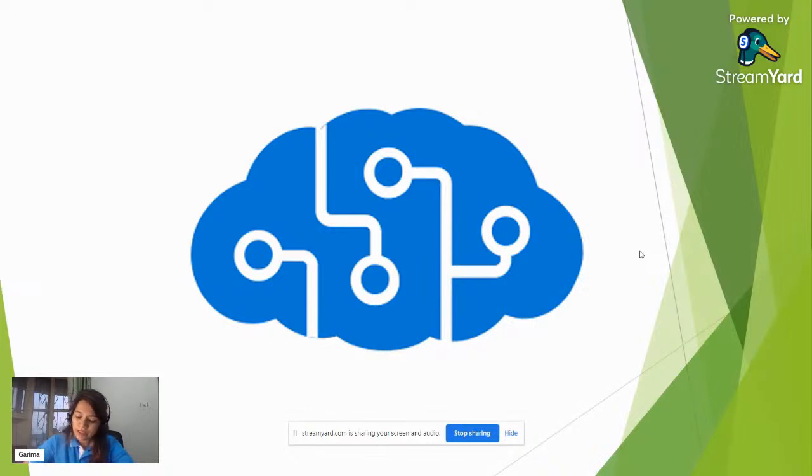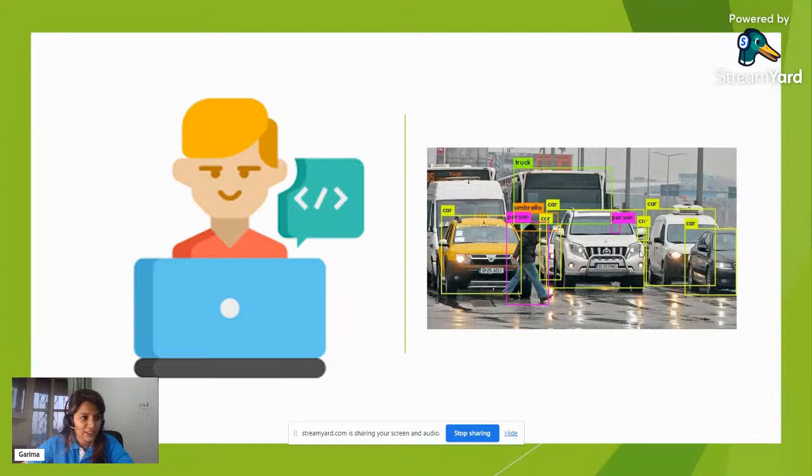For example, let's say you are an application developer and you want to develop an application that can take an image as an input and identify human faces, display gender, and any other objects in the image. For example, here in the image, if you can see, AI is able to recognize there is a human, an umbrella, a car, and a bus.